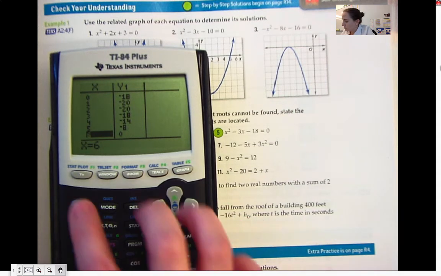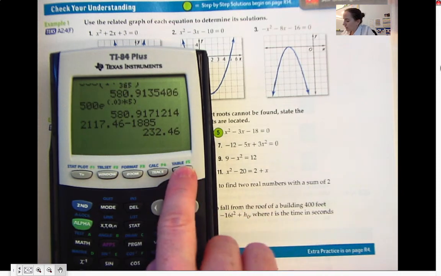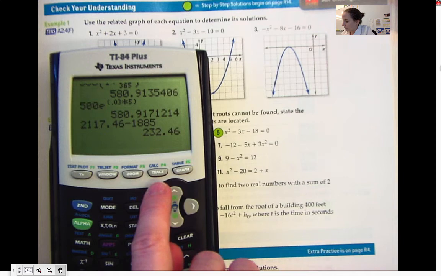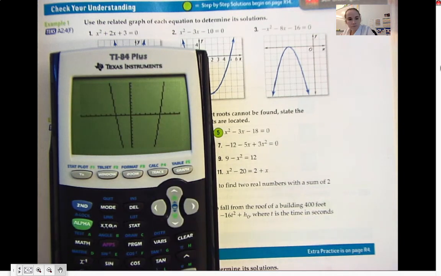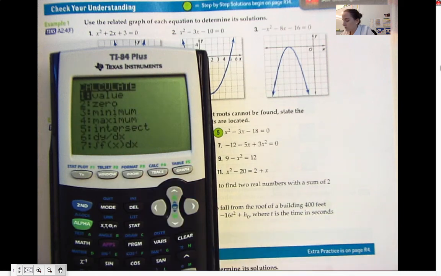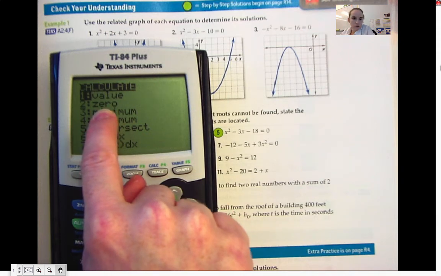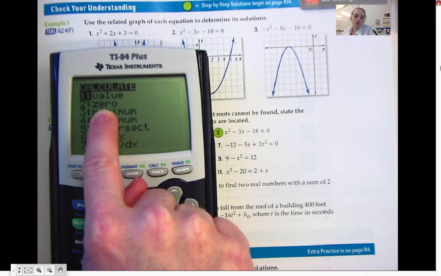Another way to do this, I'm going to quit this screen, and I am going to go back to the graph, and if I hit second and calc, you see something really important. It says zero. Roots and zeros are the same thing. They represent the same value. It's just whether or not you have a function or an equation.